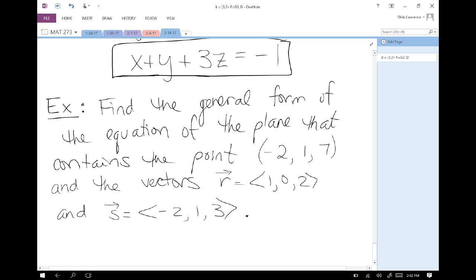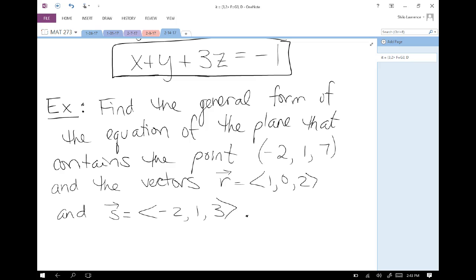What sort of information do we need to start writing the equation for a plane? There's two things that we need. A point and what kind of vector? We need a point and a normal vector. What does normal mean?